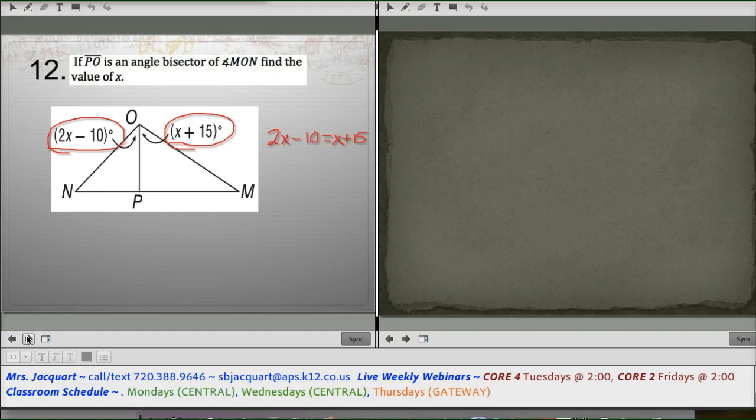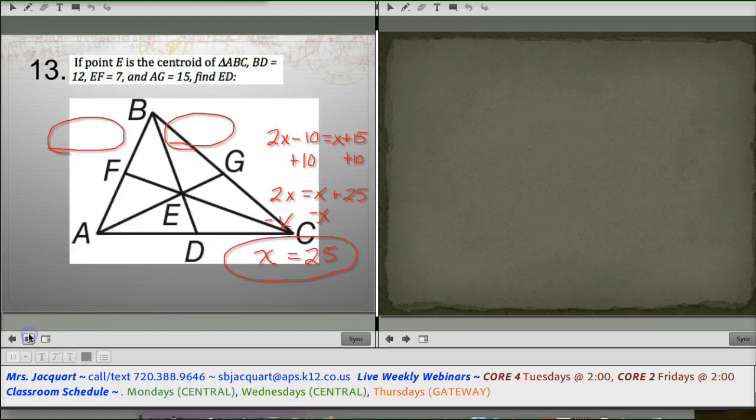And just solve for x. So 2x equals x plus 25. Subtract x. Then x equals 25. So x is 25. So the value is 40.